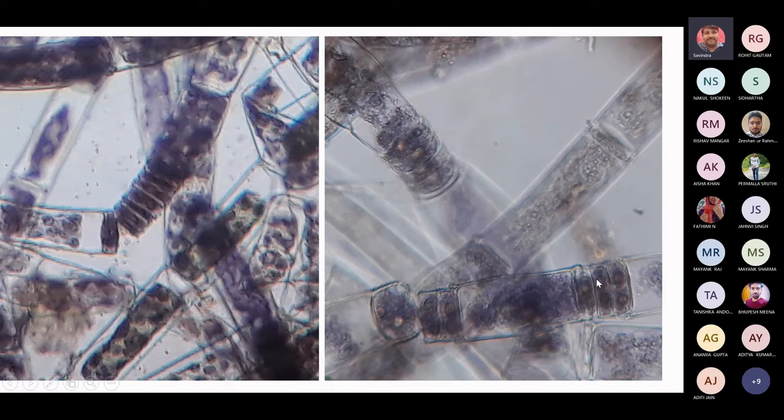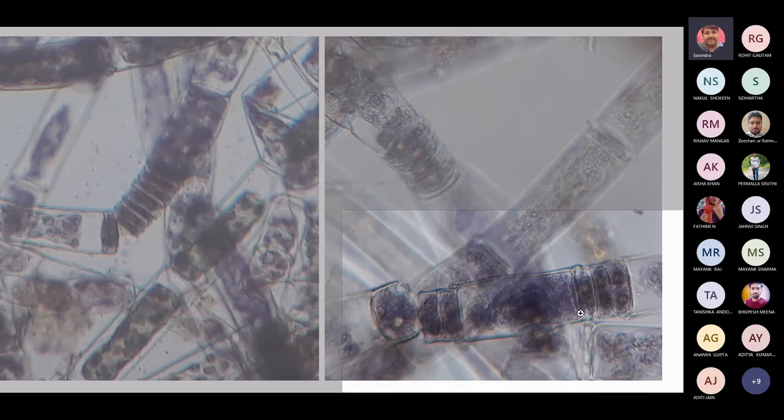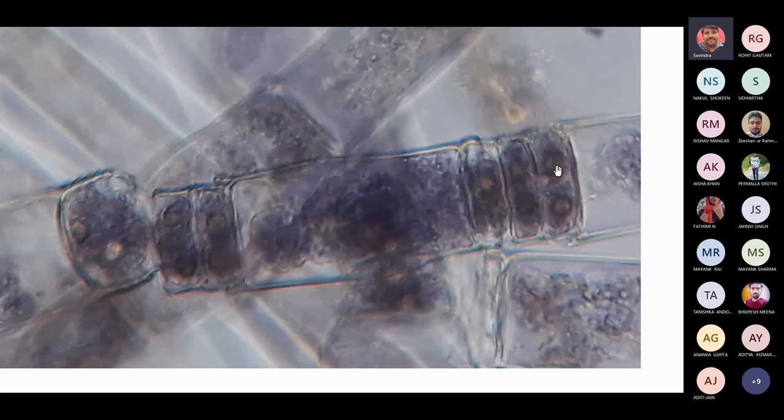Can you see these? These are no other than normal. And you can see here, yes, this is a very good photograph. I missed it. Can you see how many structures you can see inside a single cell? You can enlarge it and see. How many are visible here?